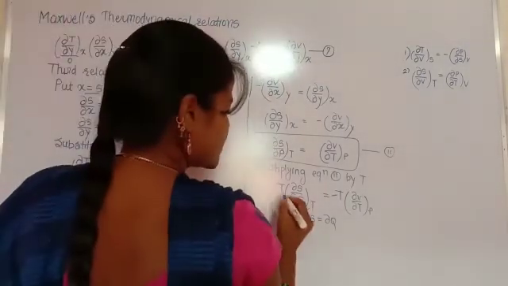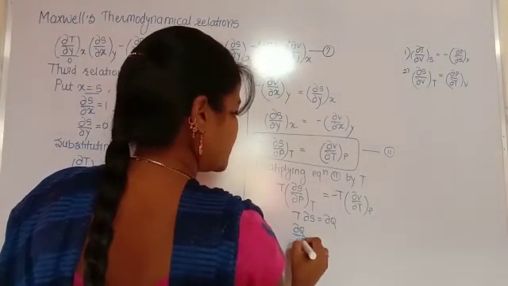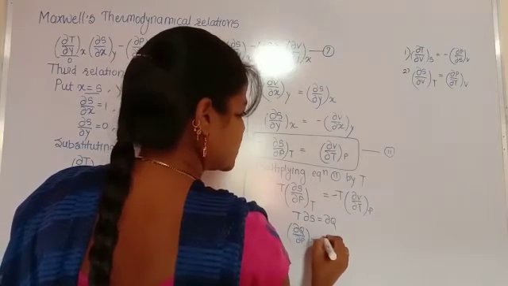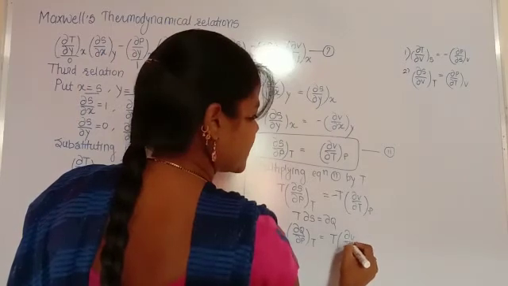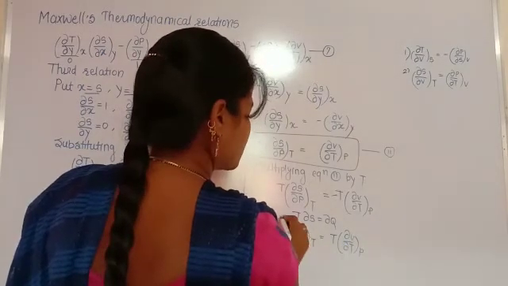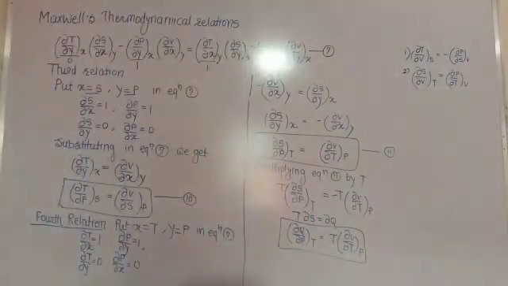So therefore put this. So we get del Q by del P at constant temperature is equal to T into del V by del T at constant pressure. So this is again a form of the Maxwell fourth equation.